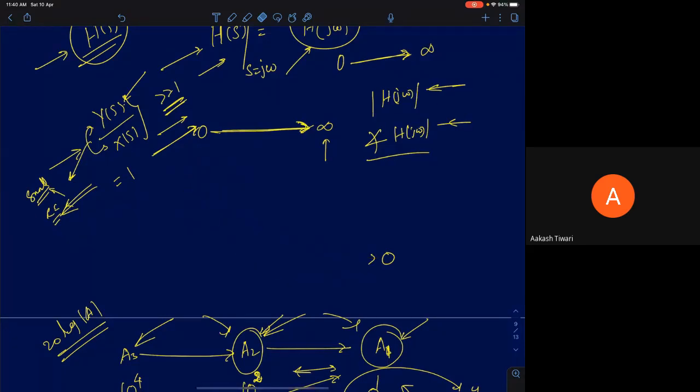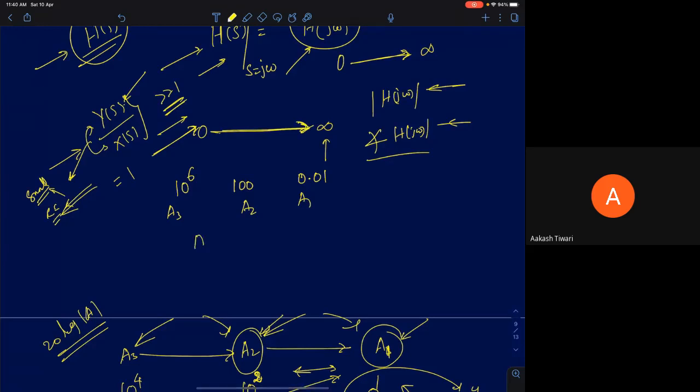So I took an example in the last class. For example, if you take 3 amplifiers, A3, A2, A1. Let's assume A3 has a gain of 10 power 6. A2 has a gain of 100. And A1 has a gain of 0.01.